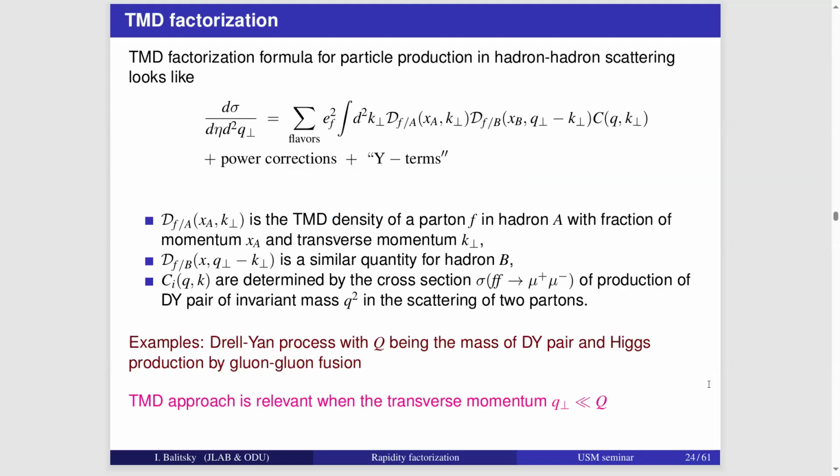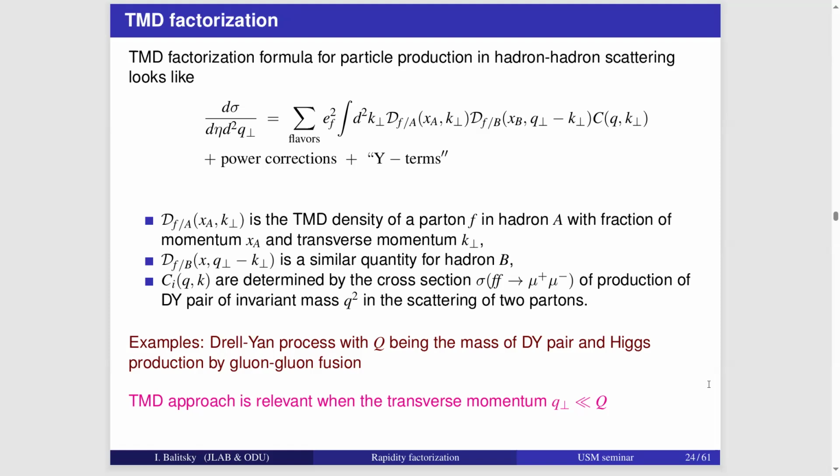Anyway, what is TMD factorization? People write down a formula like that after John Collins. The differential cross section for the production of the particle, as a function of Q, y and theta, is given by the following formula. It's an integral over transverse momentum of two TMDs.